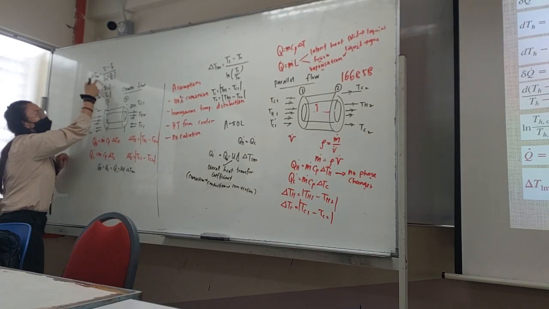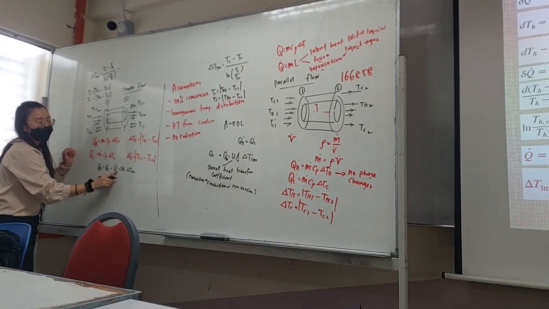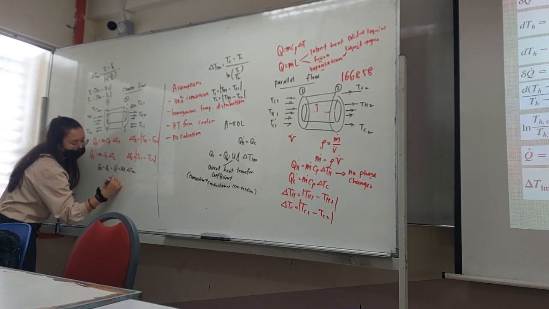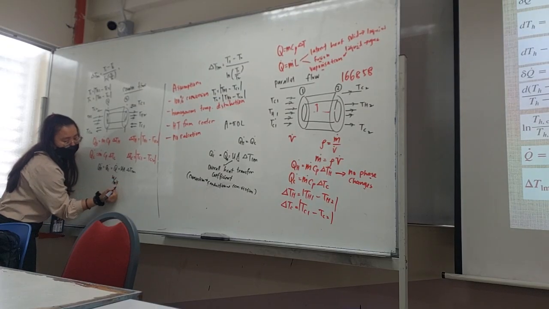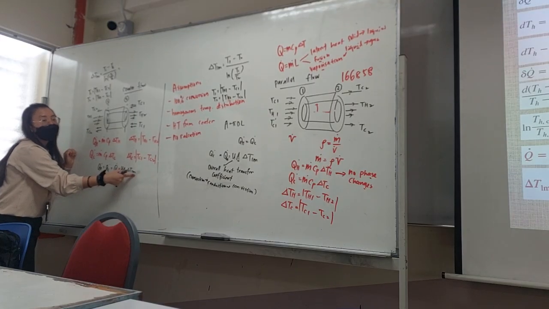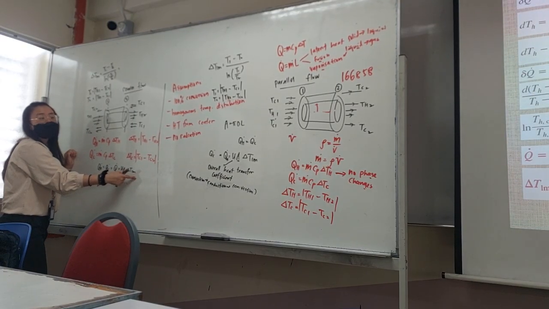Right, so the delta log mean here depends on the U value. If the U value is given to you, and they give you the unit in W per meter Kelvin, so in terms of Kelvin, then the delta log mean is in Kelvin. If they give you in terms of degrees Celsius, then the delta log mean is in degrees Celsius.